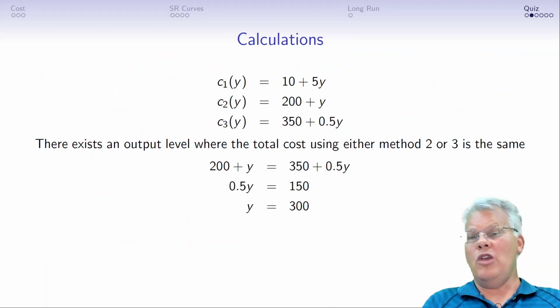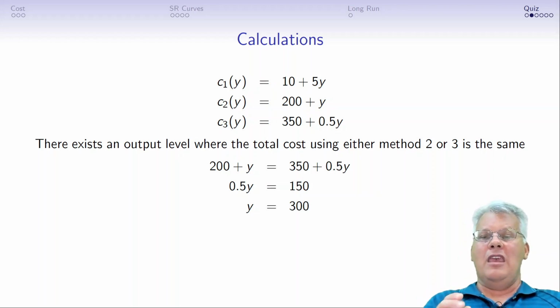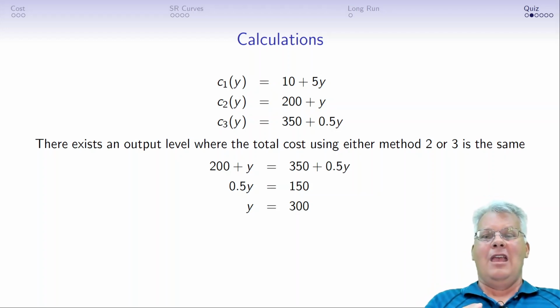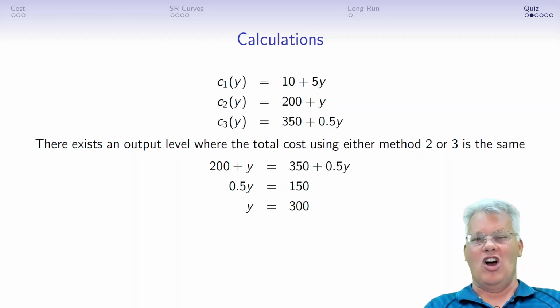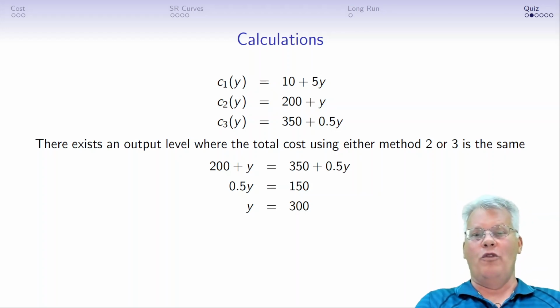So the way that we would compute this is that we have the 3 production methods, which I've denoted here as 1, 2, and 3. The first one has high variable costs and low fixed costs, and then all the way down to method 3, which has extremely low variable costs but high fixed costs.